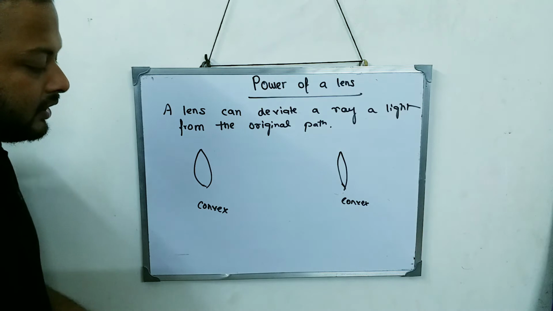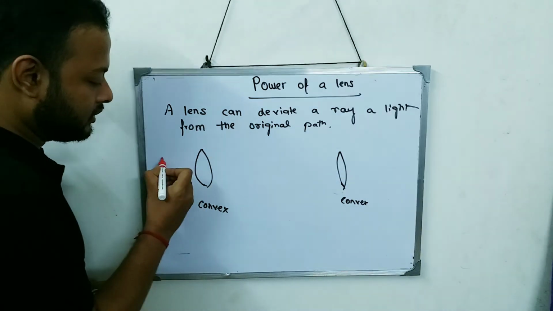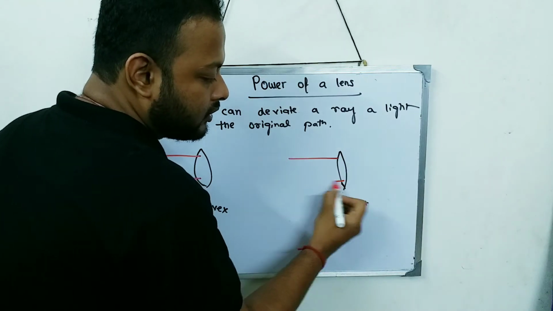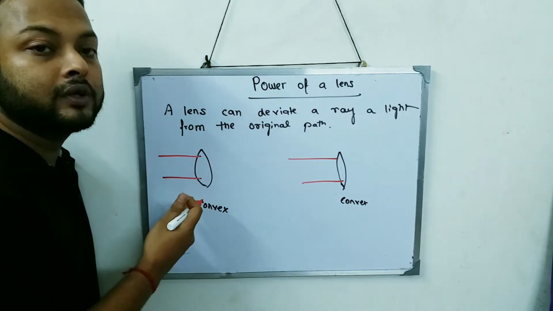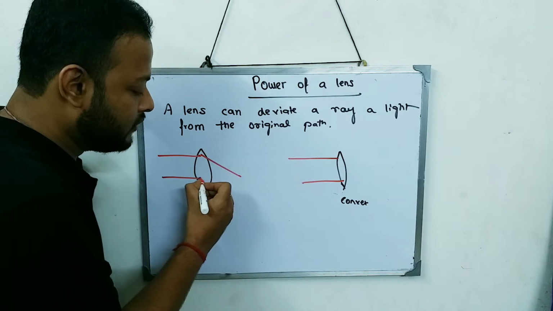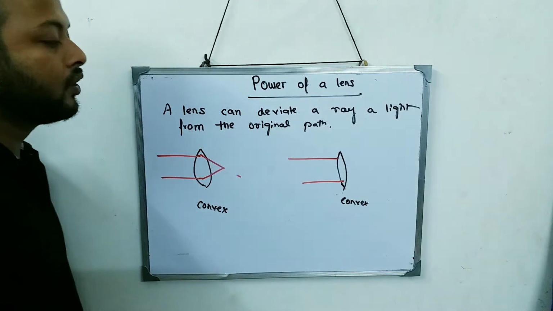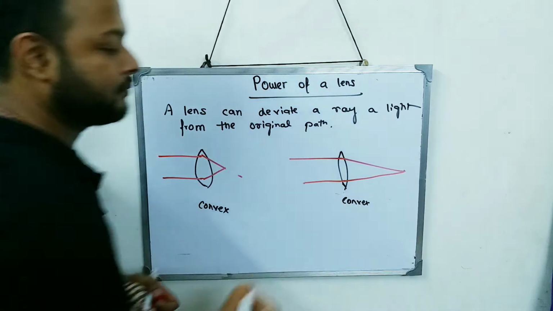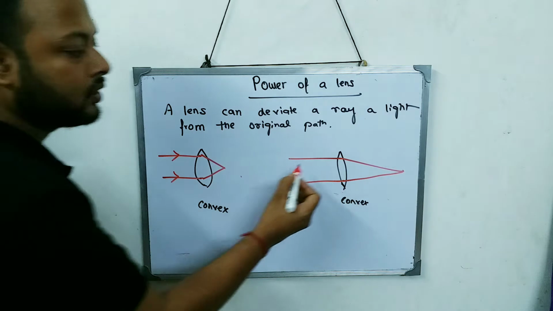In the convex lens, suppose we take a ray of light, and we take a ray of light over here. Both will converge, but the extent to which this will converge will be more. This will converge like this, you can see. Whereas over here, it will also converge, but it will converge later. So you can see the difference in both the diagrams.